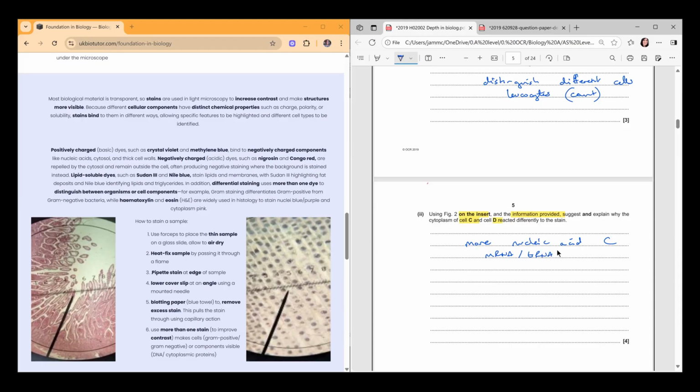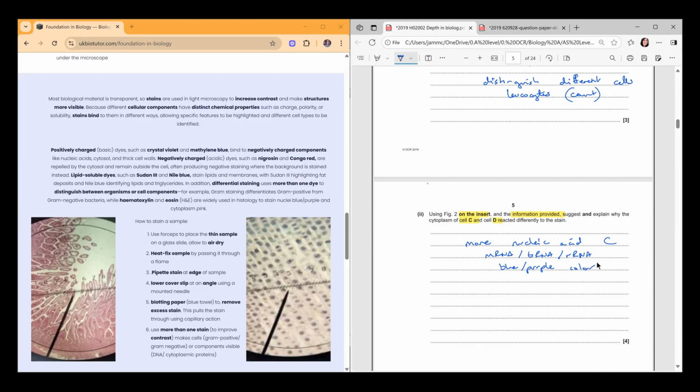Oh, and there is another one. The ribosomes that are found in the cytoplasm are made up of ribosomal RNA, rRNA. So therefore, we can say that cell C has got more nucleic acids, tRNA, mRNA, rRNA, and that is why it is a blue/purple color.